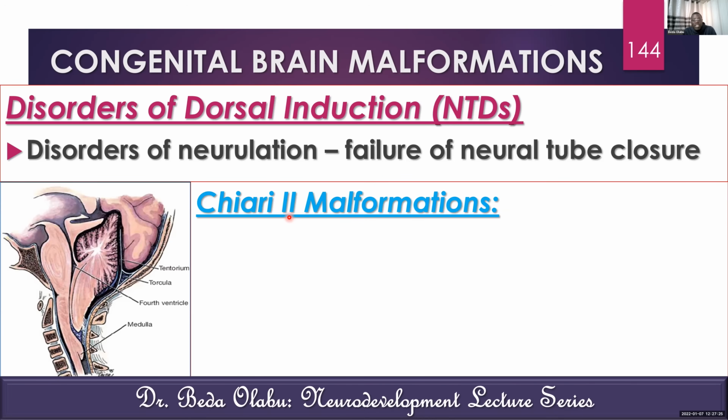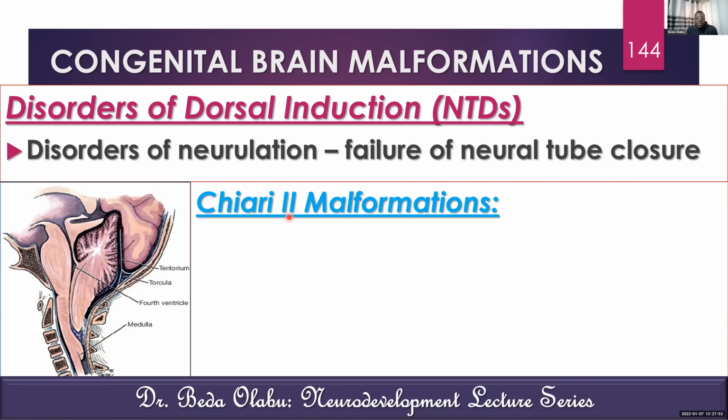Well, the classification is a bit varied, but there's conventional agreement on Chiari 1 and Chiari 2. Chiari 2 malformation is the one related to dorsal induction, and that's the one that is considered part of a neural tube defect. Chiari 1, we are going to discuss under another subheading.